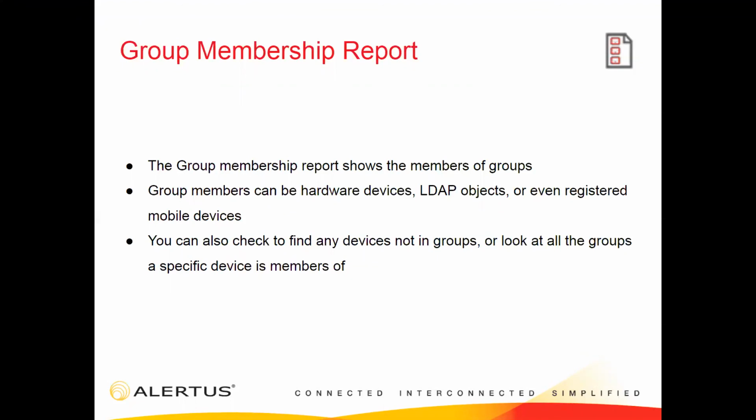If it can be in a group and is not assigned to a group, you can see the devices in the unassigned tab. So, group membership report, as the name implies, if it's in a group, isn't in a group, or it can be in a group, check here and it will let you know.